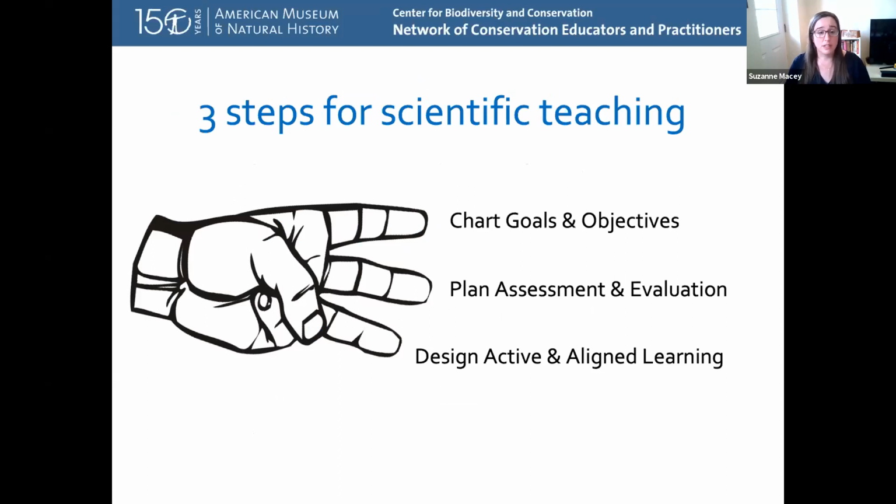The first step is charting the goals and objectives. Then you plan how you're going to know they hit those goals and objectives, so planning your assessment. And then you design activities that actually help them practice those skills and understand that knowledge to be able to succeed on those assessments.